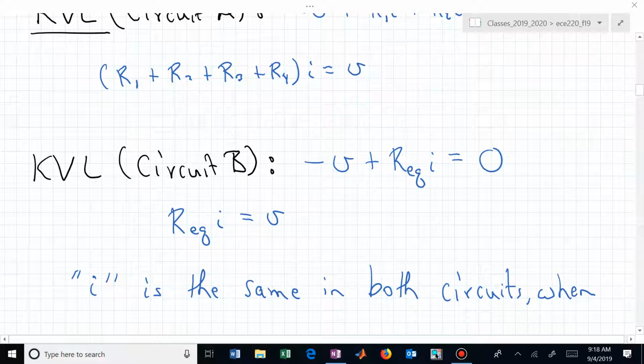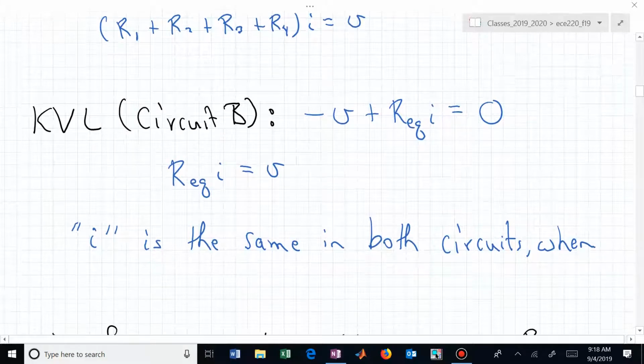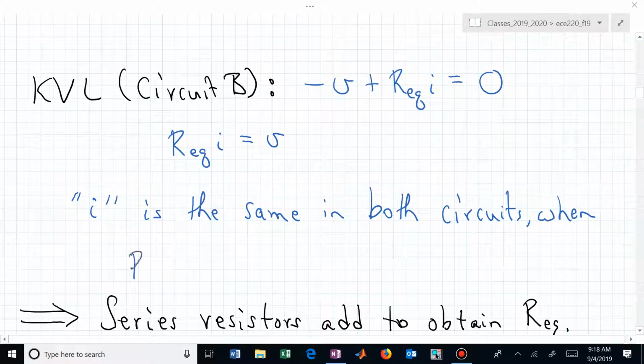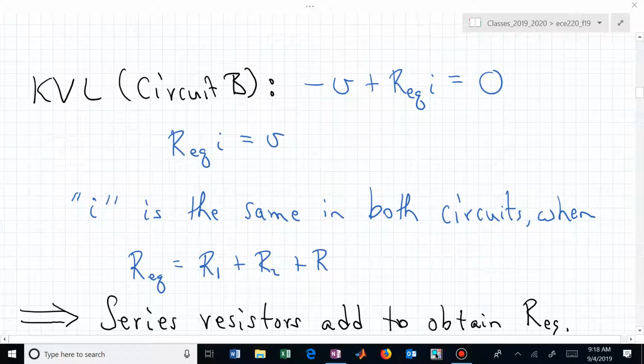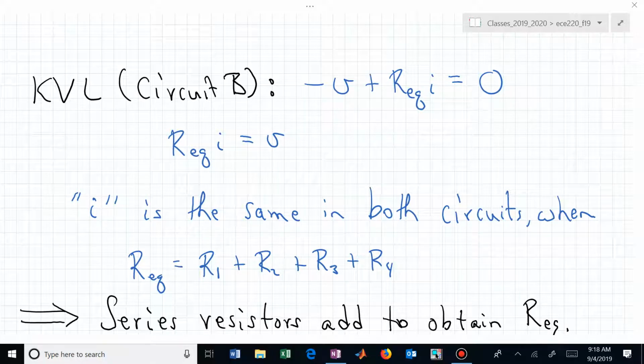I is the same in both circuits as long as R equivalent is equal to R1 plus R2 plus R3 plus R4. And that's what was communicated at the beginning of this exercise.